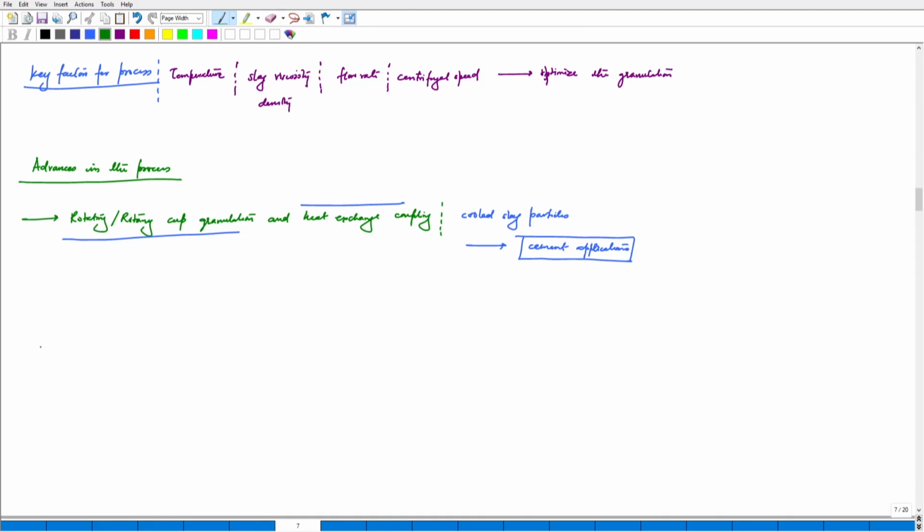The other way of extracting heat is using steel balls within the iron making slag. Now this is a relatively trickier route of heat extraction, wherein the hot slag is used as an input and we are adding steel balls.